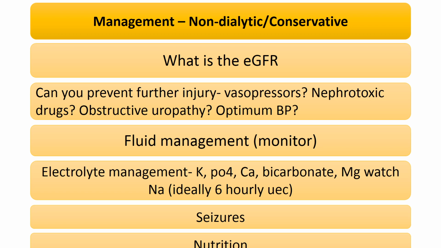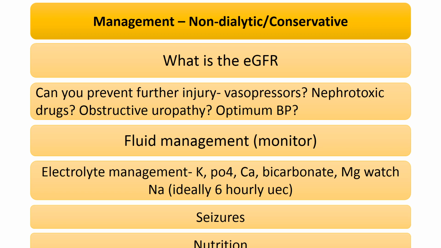So if they're underfilled, as part of our emergency management, we'll have rehydrated them. Once they become euvolemic, then we begin to restrict their fluid intake. We restrict it to insensible losses plus urine output. So on the first day that we see the patient, if the patient is anuric, we'll restrict them to just insensible losses, which are 400 mils per meter squared, and then we monitor them.